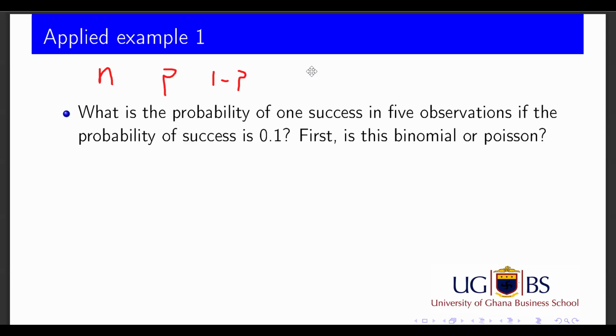So the sample size is 5. What is p? 0.1. What is 1 minus p? 0.9. Very good. So you substitute all this and do your calculation.